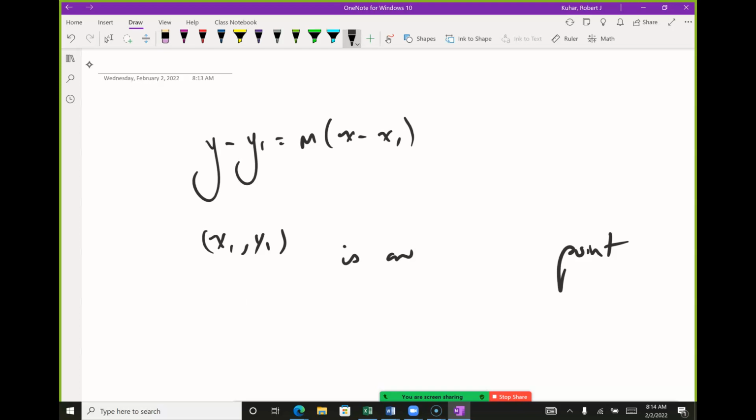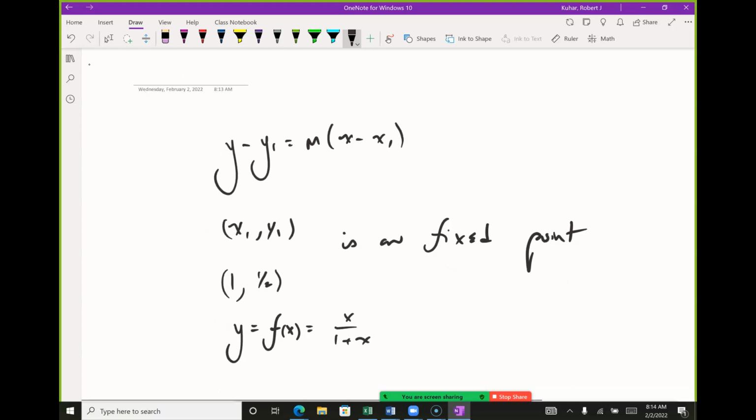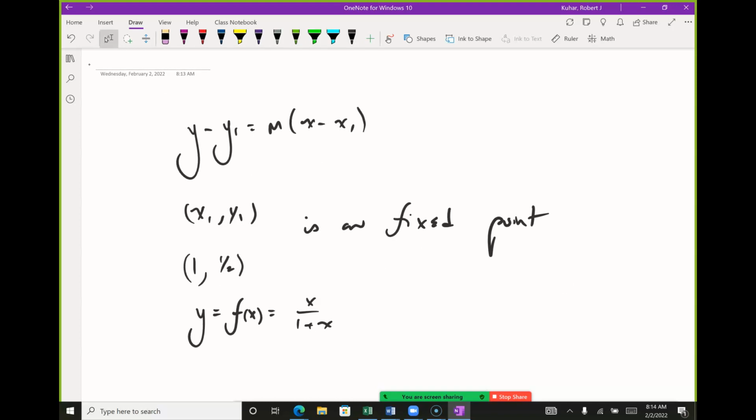On our dynamic one, it's going to be an arbitrary point. So for us, it's 1 comma 1/2, and y is f of x, that is x over 1 plus x. More importantly, what is xy? What is this combination of xy?